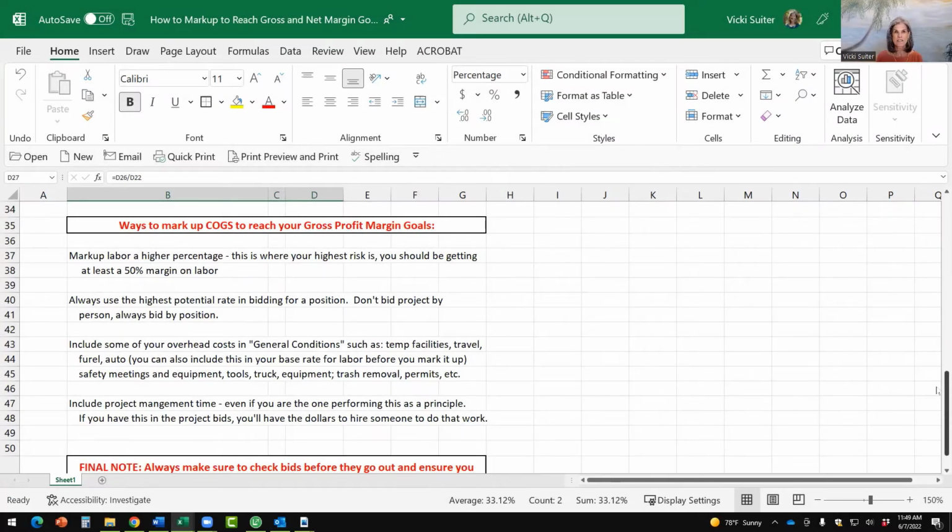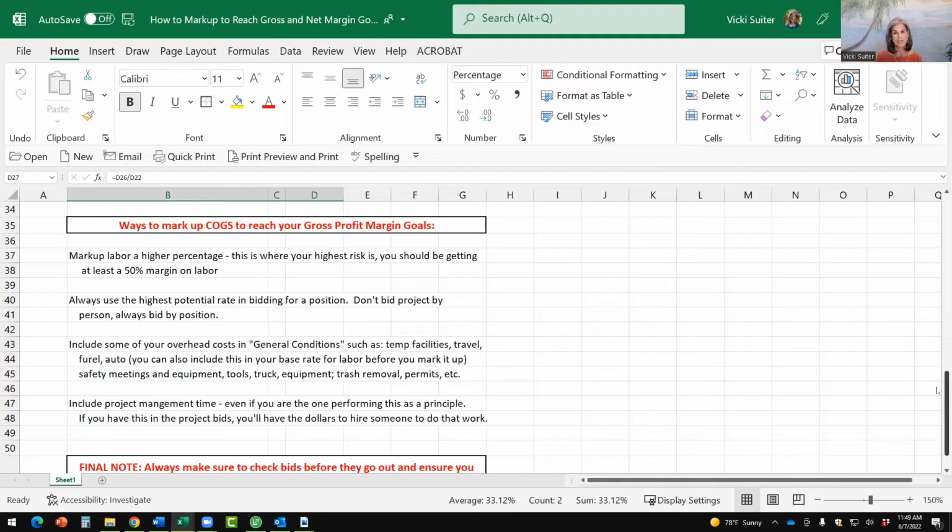A few other things I want to mention here, because there's a lot of dynamics to how your bidding works. Labor is your biggest risk item. Subcontractors, you get a contract price for. Materials, you can get a purchase order for. Equipment rental, you can get a purchase order for.